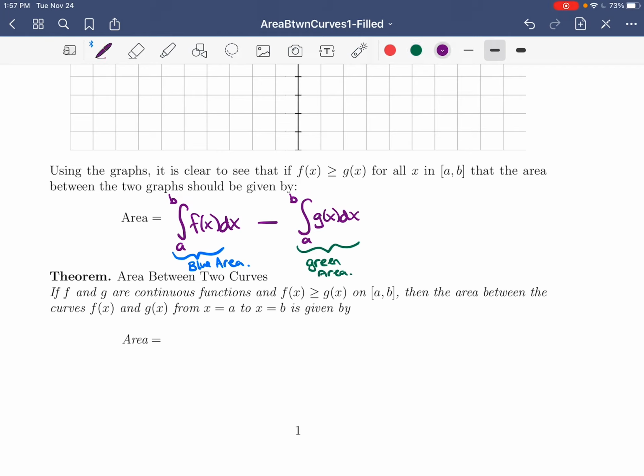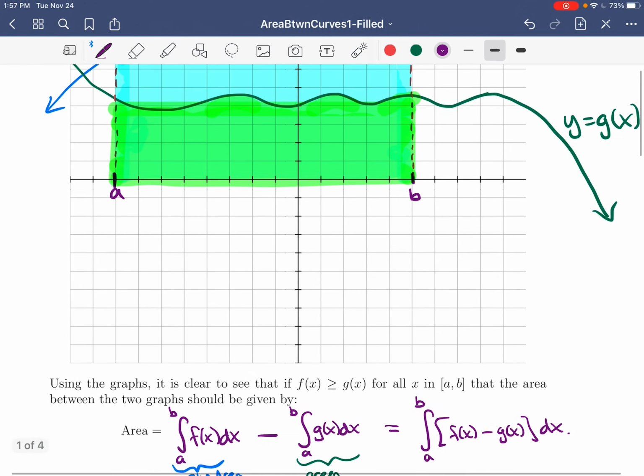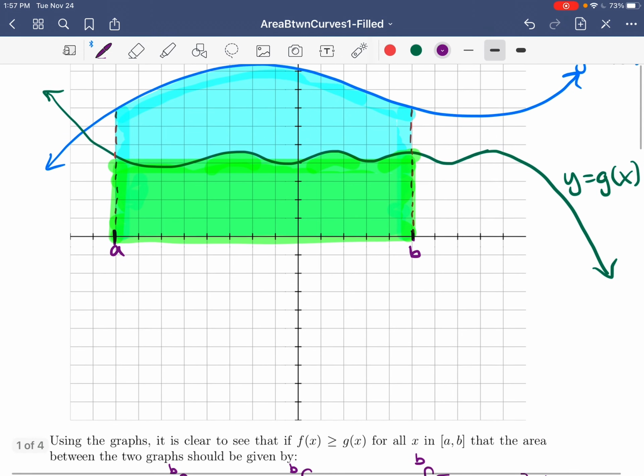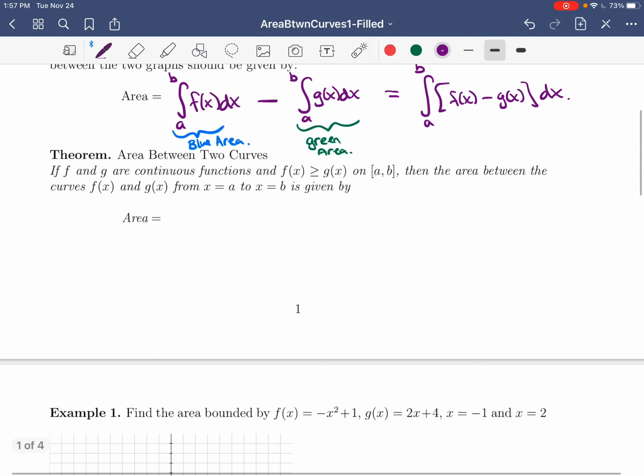Using the properties of the definite integral, I can write this as a single definite integral: f of x minus g of x. This works no matter if they're both above the x-axis or not. It's just easier to see when they're above the x-axis, but it works no matter what.